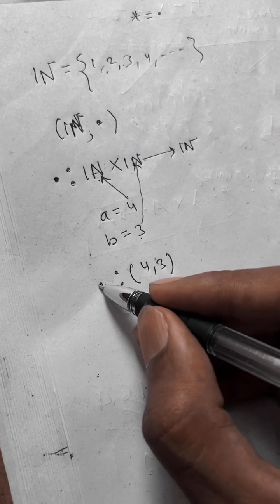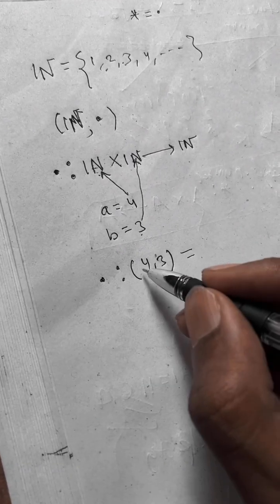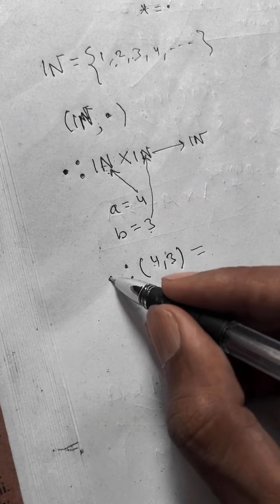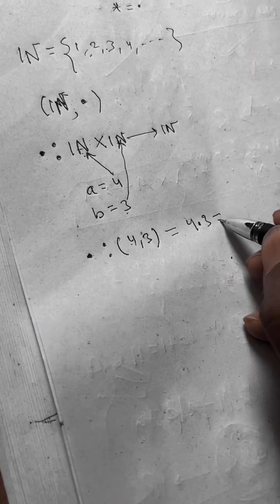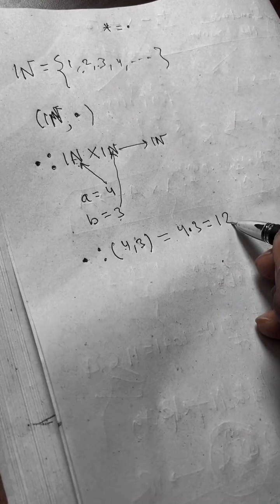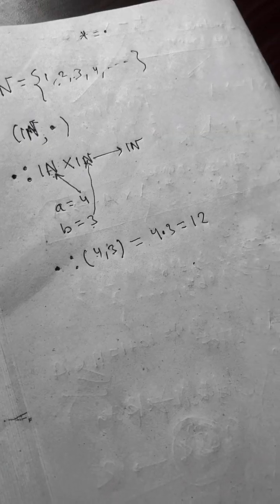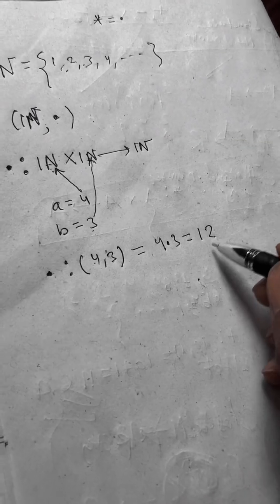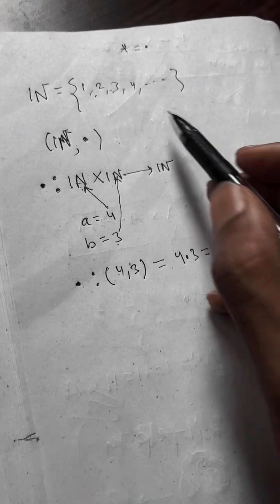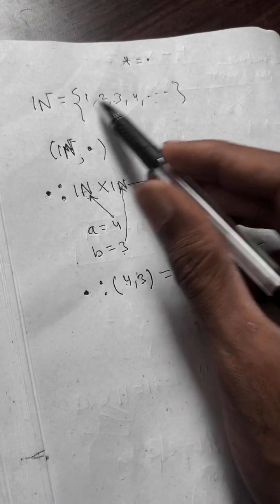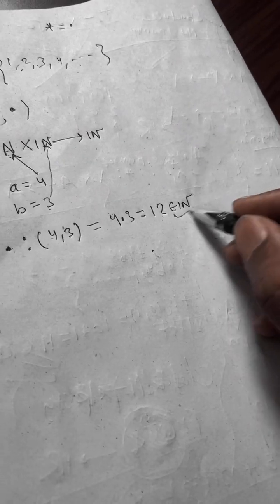What does this mean? It means now in between 4 and 3 we put this symbol. So 4 multiplication 3. What is the answer? The answer is 12. Now is it closed? Well, not really at first. We have to check. Does 12 belong to this set N? Well, yes, because it is the set of natural numbers. It means it is closure.